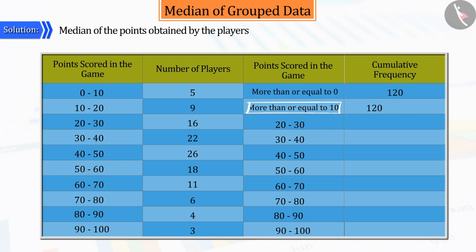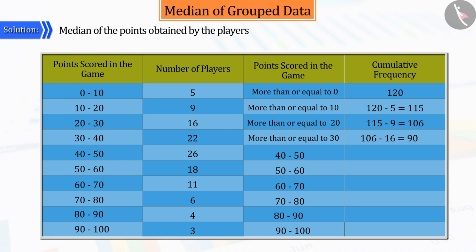Similarly, if we count the number of players who scored more than or equal to 10, then their number will be 115. Because 5 players have already scored the points of the class before that, that is, the class interval between 0 and 10.